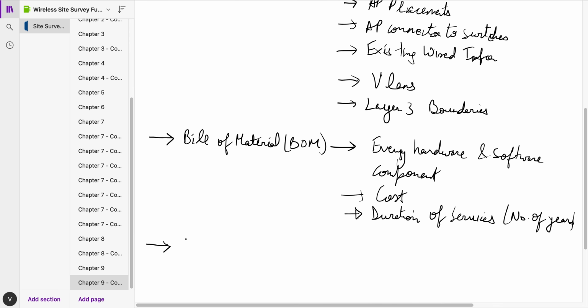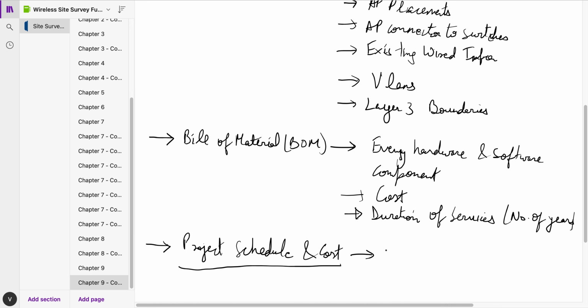The next thing that you want to talk about is the project schedule and cost. In the project schedule, you will talk about the start date and the tentative end date. You also want to keep some buffer. Let's say a two weeks buffer should be enough.